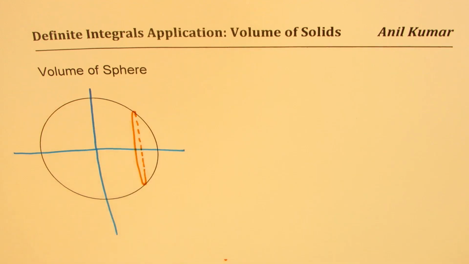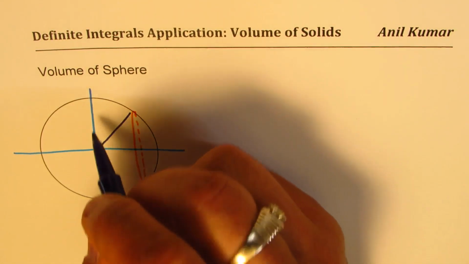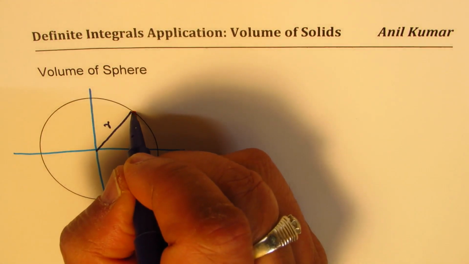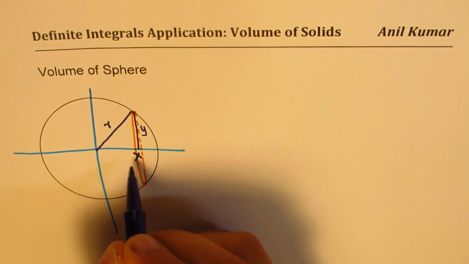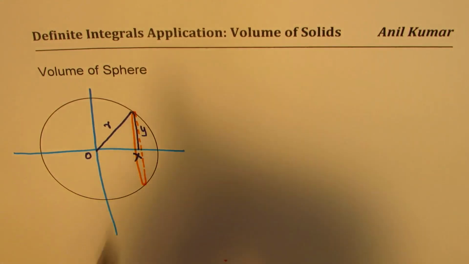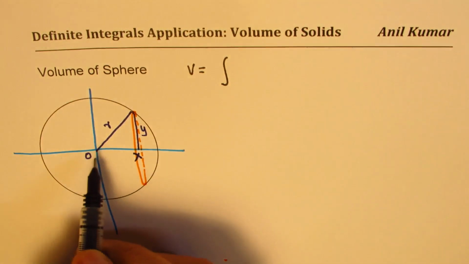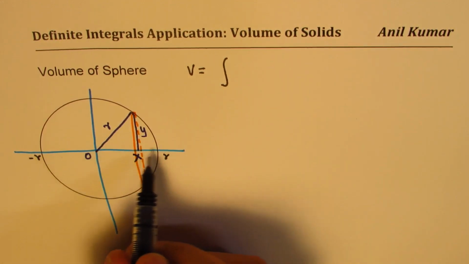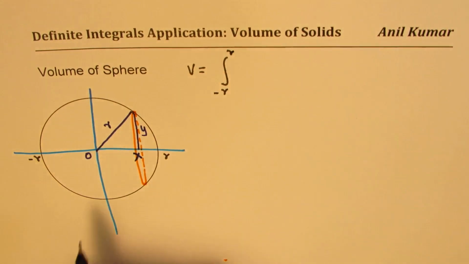Let's consider the height here as y, which is x distance away from the origin. And we also figured out that the volume could be written as the integral from minus r to plus r, those being the two extremes which the x value can take.